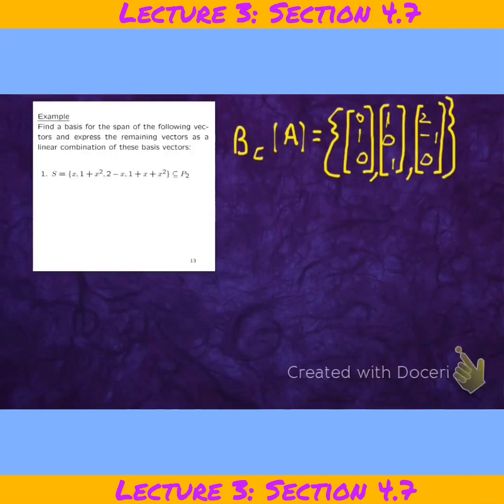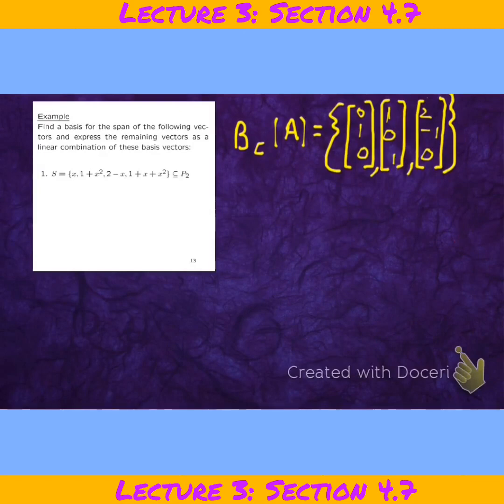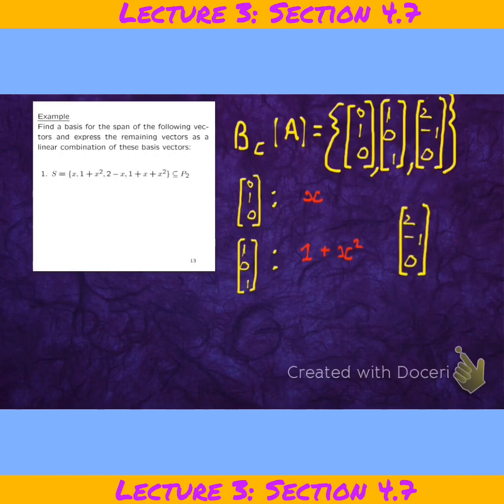Right, so to complete the problem, we've got the basis, and that corresponds to the functions. This vector corresponds to the function, the second column vector corresponds to this one, and there we have it. Then our third column vector corresponds to the function.